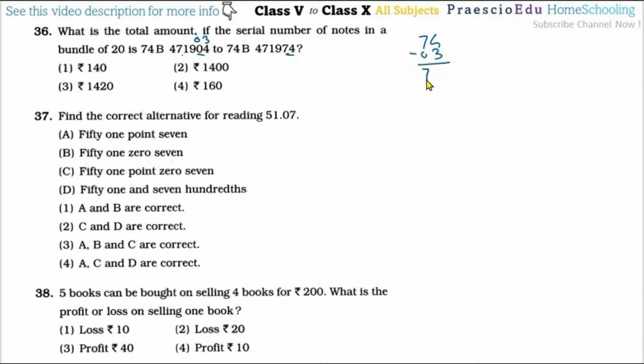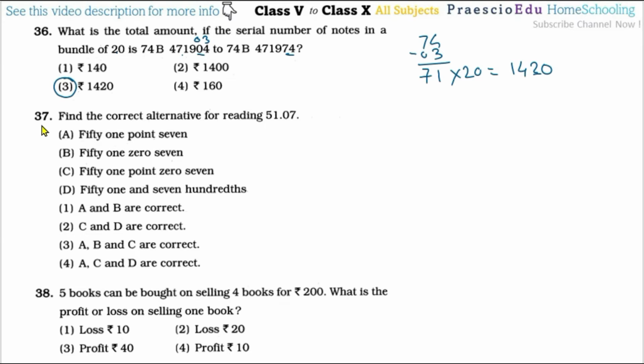So that is 71. So multiply by the value of the note, which is 20, so that is 142, and then this 0 means 1420. So option number 3 is correct.